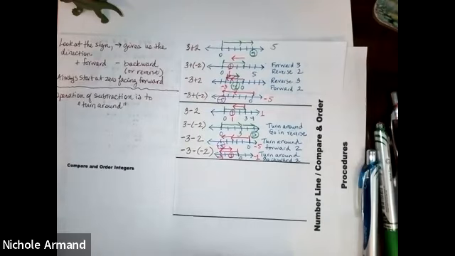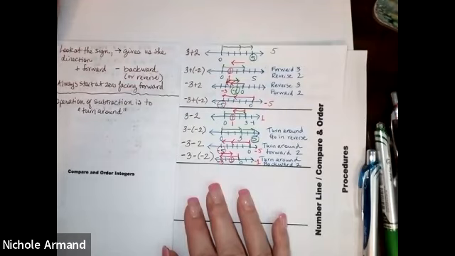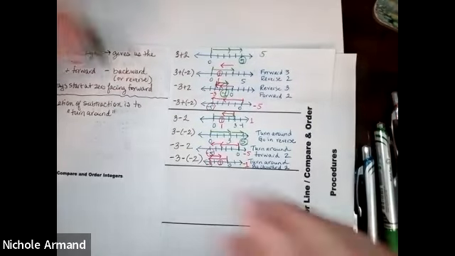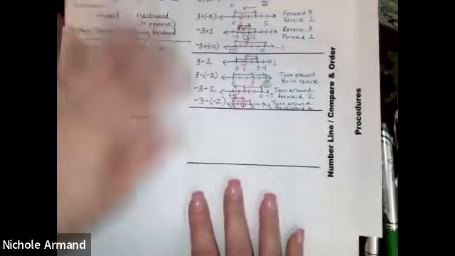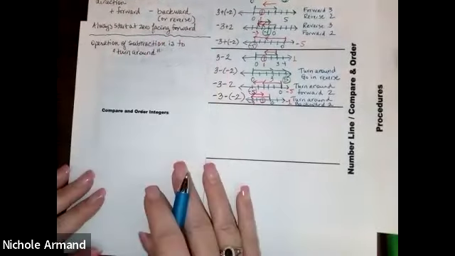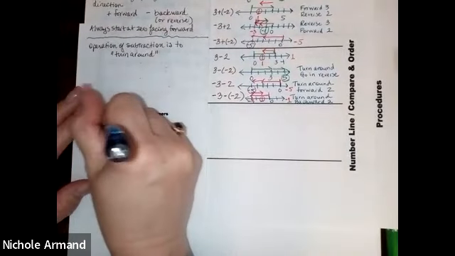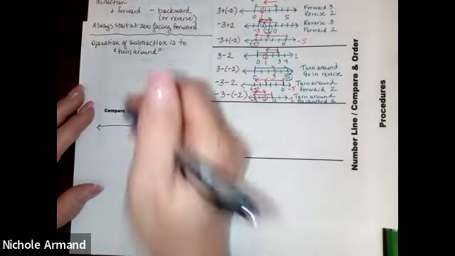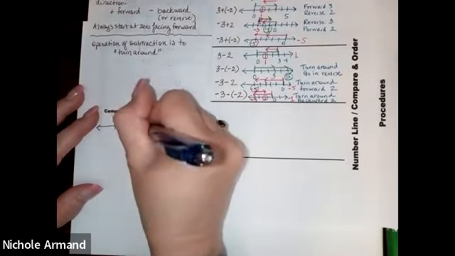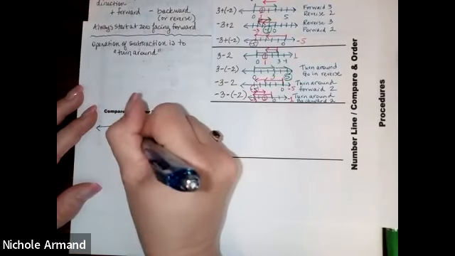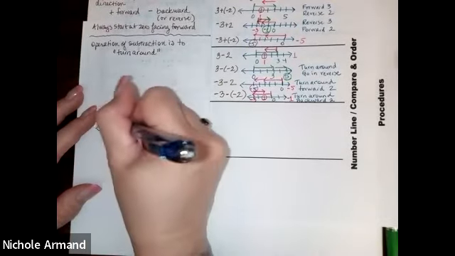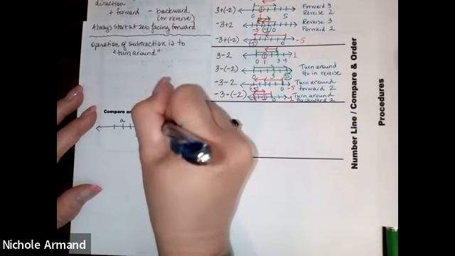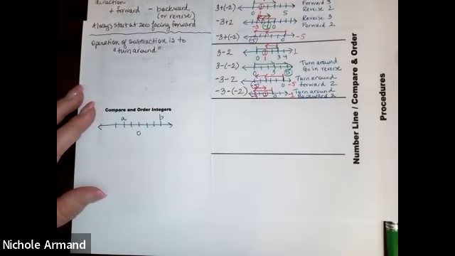Let's talk about comparing and ordering integers down here. We're not doing multiplication and division today. That's going to be part 2. So if we want to compare and order integers here, I just want to draw a number line and draw some tick marks and say that here's 0, and then I have some integers A and B here.